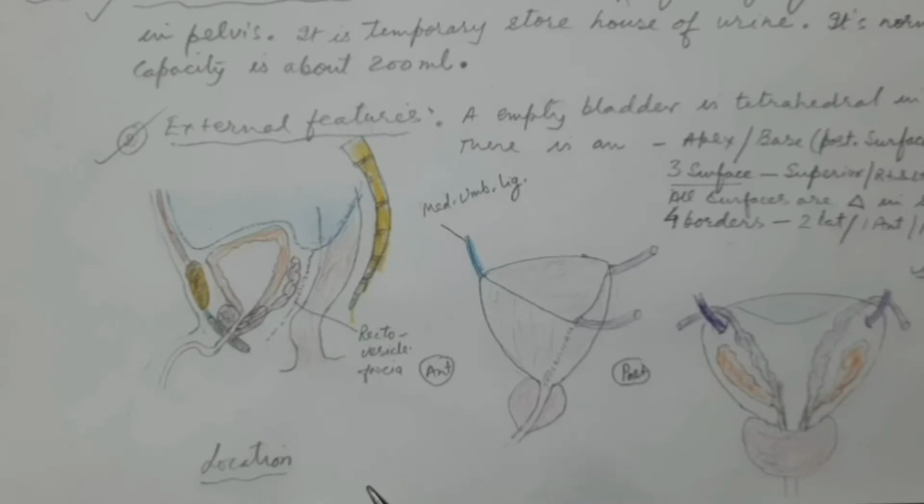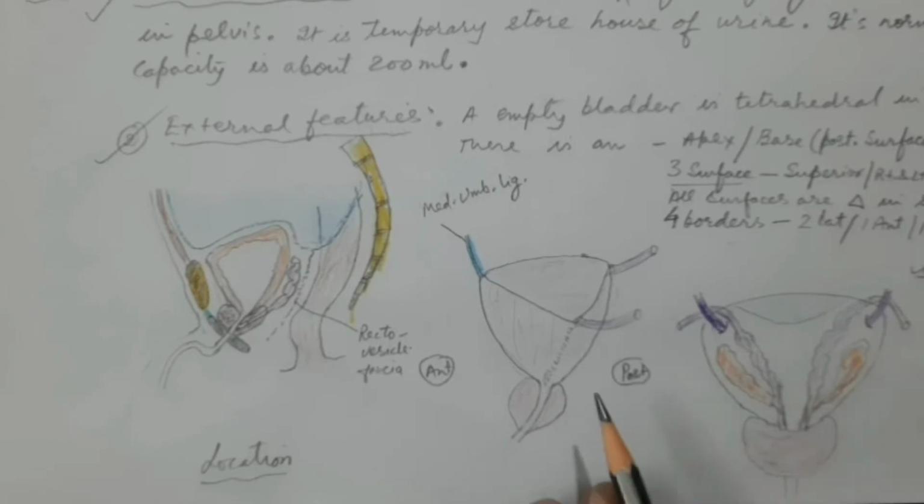These borders and surfaces are mostly lost. So let us first see what the tetrahedral shape is and what the surfaces and borders of an empty bladder are. We are talking of the external features, and we will talk later about relations in relation to the empty bladder.